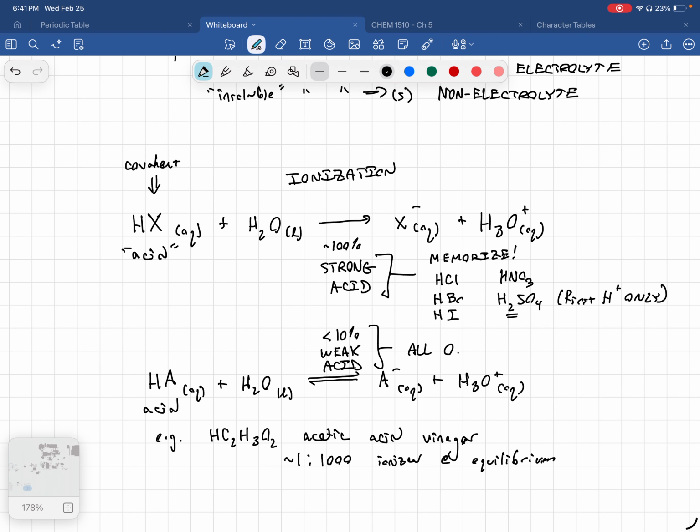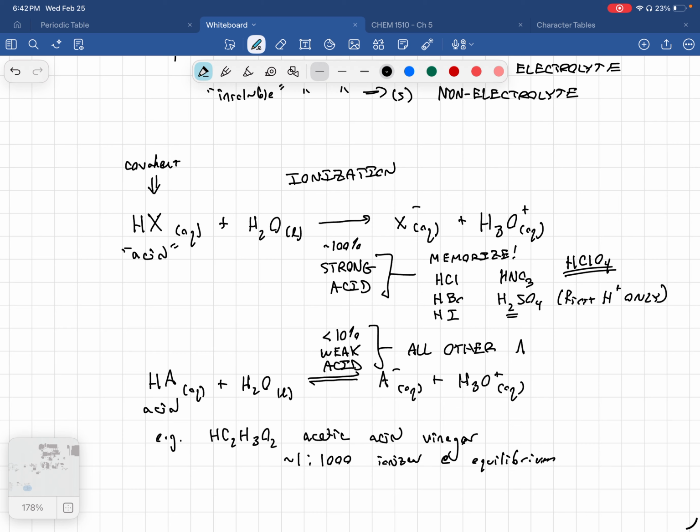All other acids... oh, wait, there was one more. HClO3, HClO4, perchloric acid. But we tend not to focus on that one. Just pay attention to what the instructor wants to focus on in terms of your strong acids, but definitely memorize these 5: HCl, HBr, HI, HNO3, and the first proton of H2SO4.